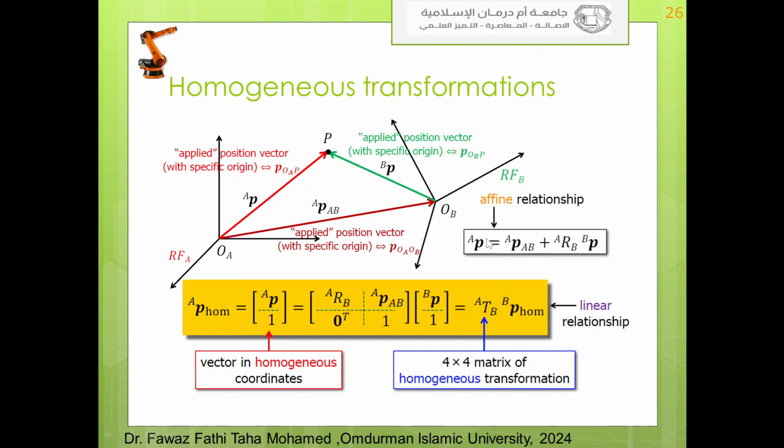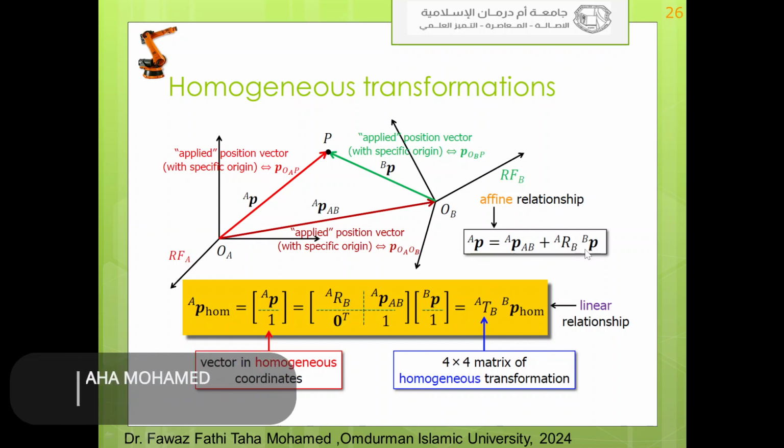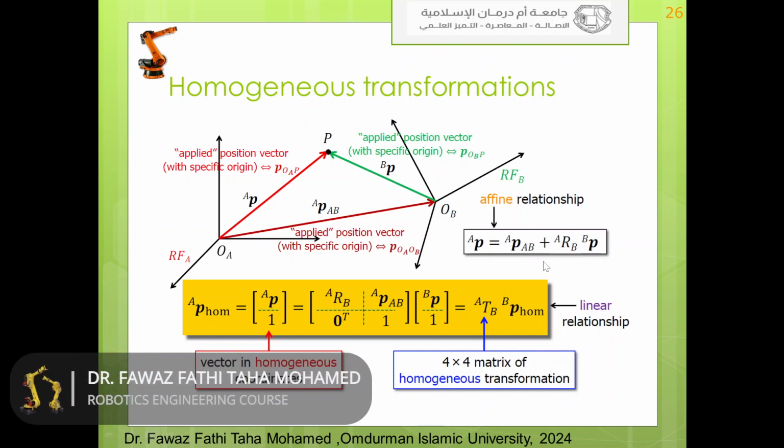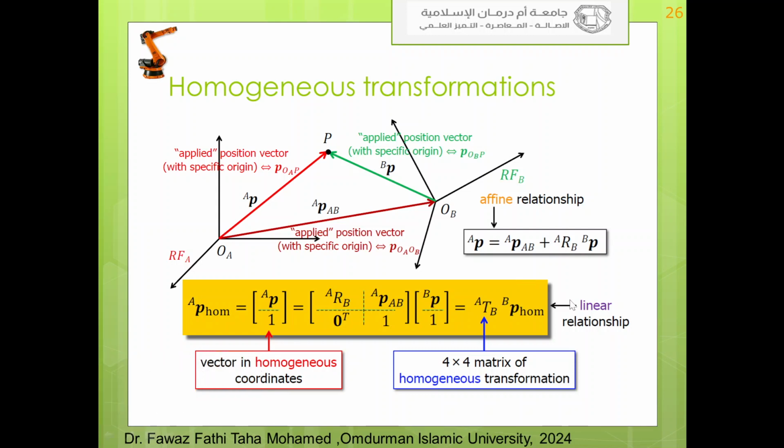Here we have P^A as a function of P_AB and P with respect to B. But as we learned before, the linear relationship is easier to understand and easier to manipulate than this expression, especially if I have a successive movement.